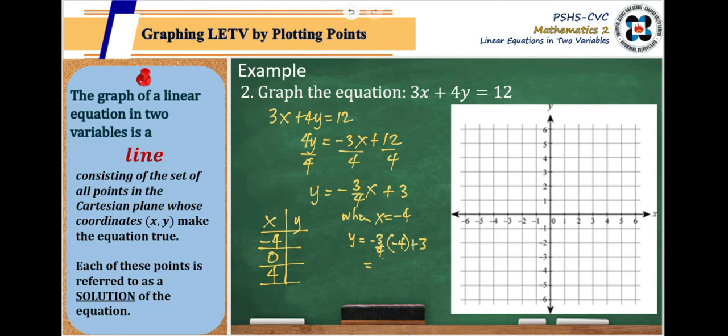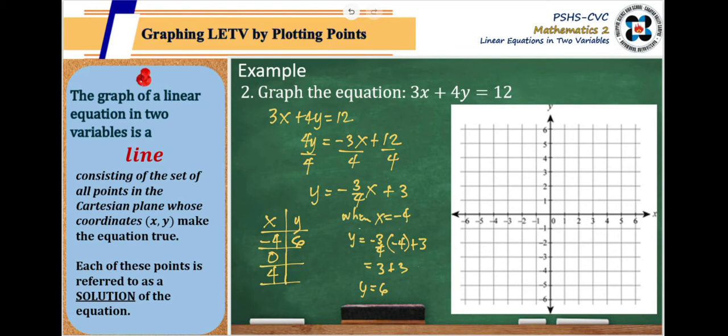And we have negative 3/4 times negative 4 is positive 3, plus 3. So what do we have? y is equal to 6. Therefore, when x is negative 4, y is equal to 6.